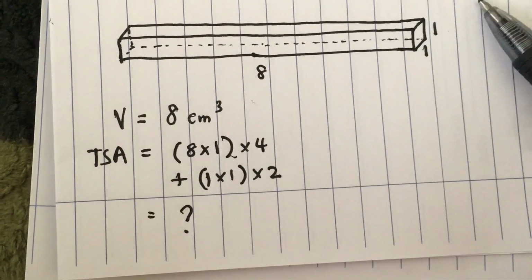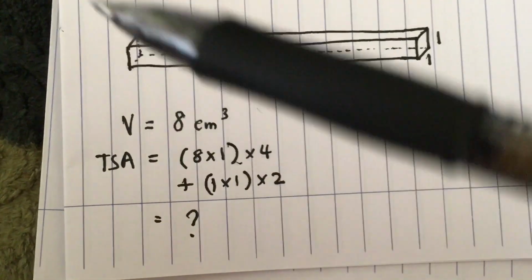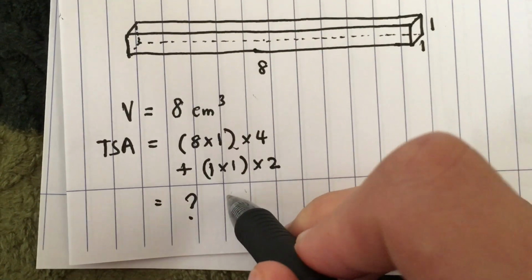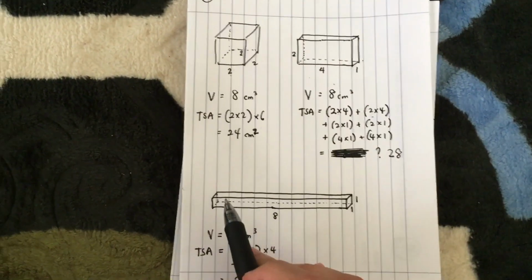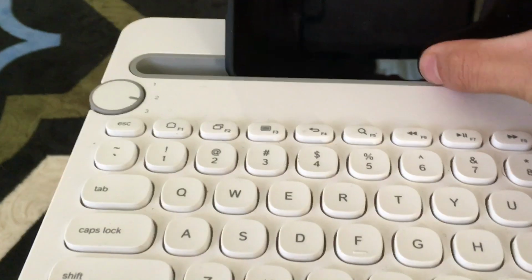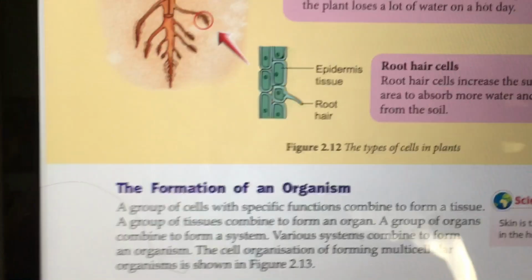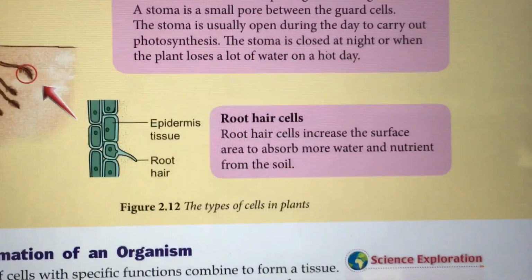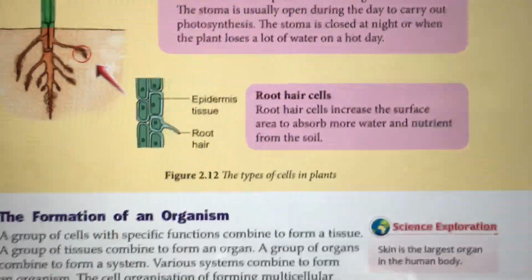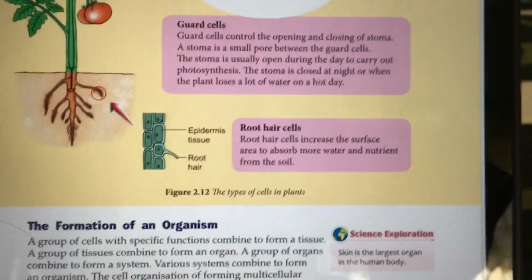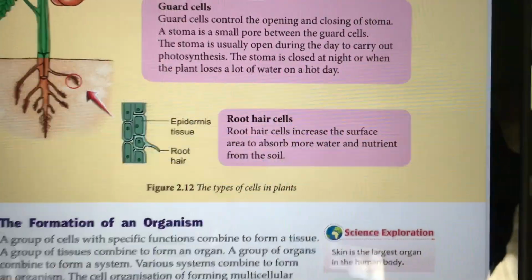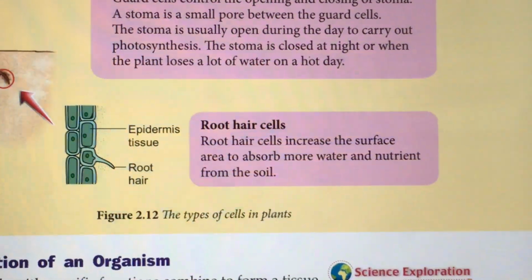And then this one we have 2. 32 plus 2 is 34. And that, ladies and gentlemen, is why the root hair cells increases the surface area to absorb water. Sebab itu ada rambut ini supaya dapat meningkatkan kadar serapan air sebab permukaannya lebih banyak.